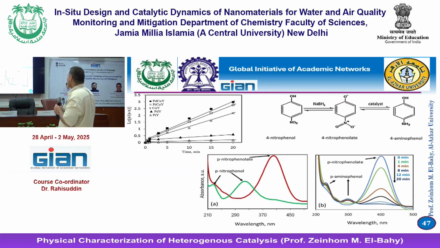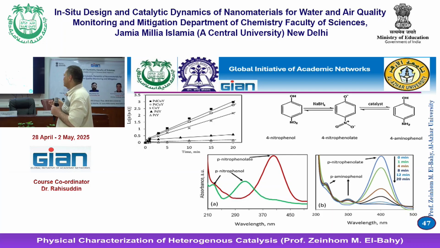It goes like this. And this is when we plotted the linear form of first order kinetics with time. This experiment is very famous, which is the reduction of para-nitrophenol to para-aminophenol.